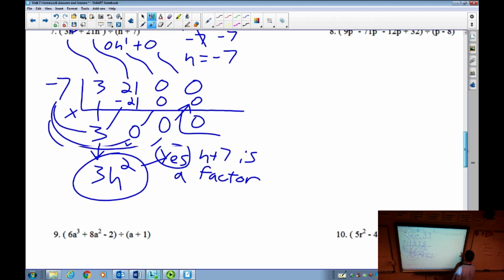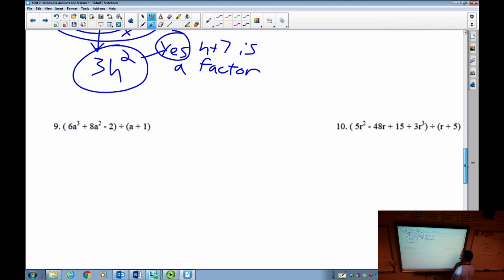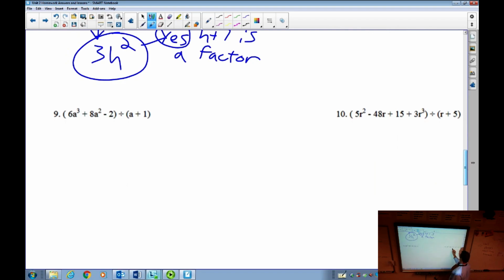So I think you're getting the hang of it now after seeing me do those videos. So make sure for number 10 that you put the order correct first. 3r to the third power plus 5r squared minus 48r plus 15. So put those in the right order. Use r equals negative 5.